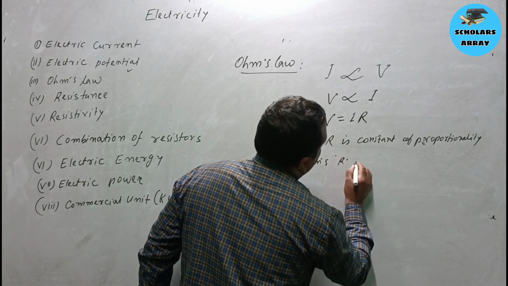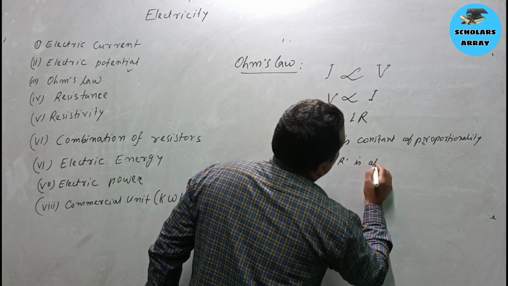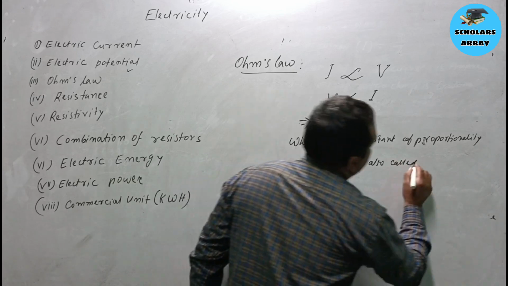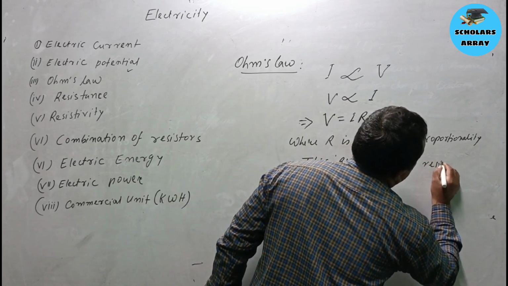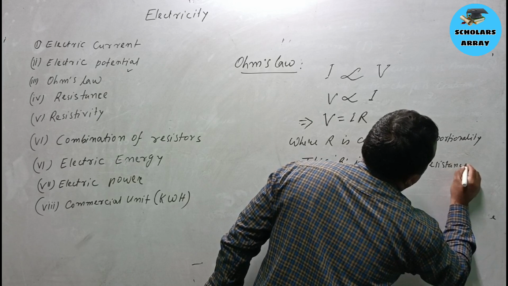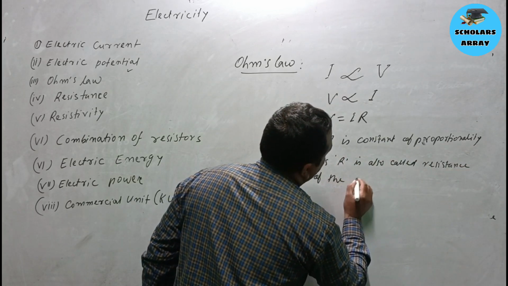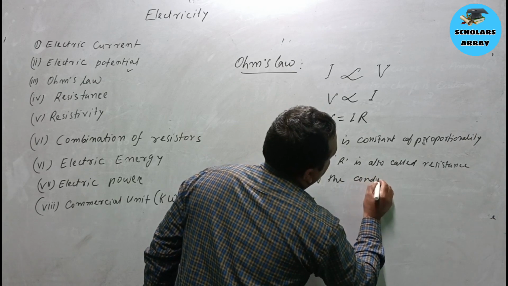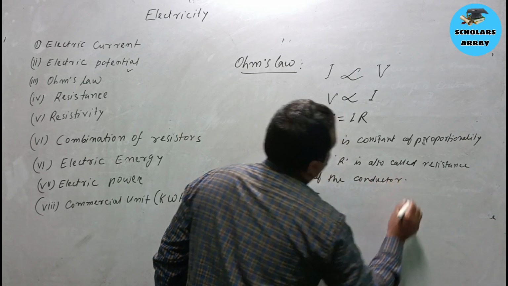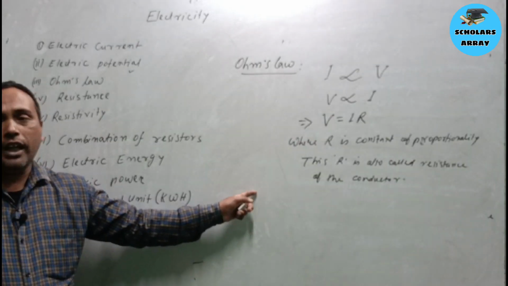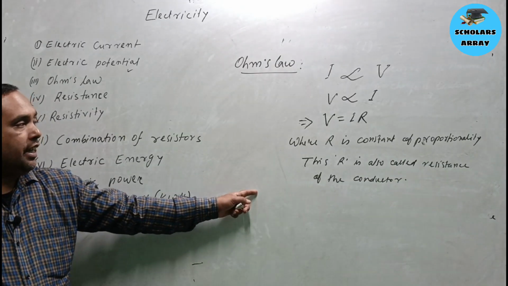R is also called the resistance of the conductor. Now, let us understand what resistance is.